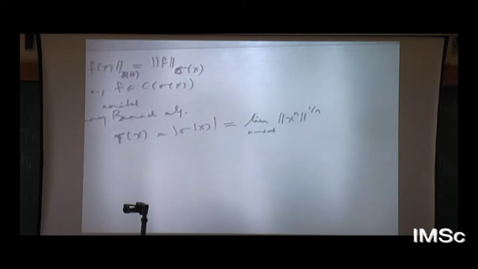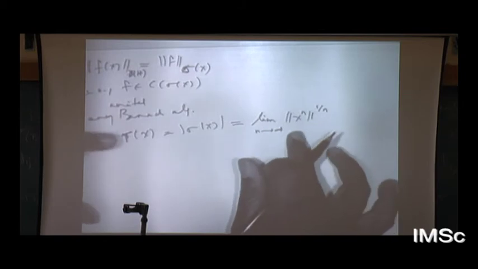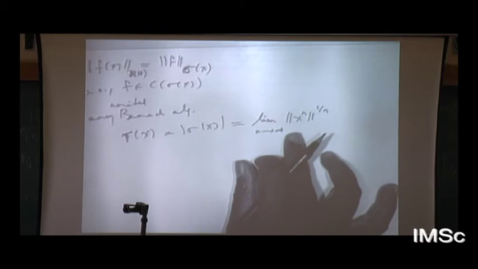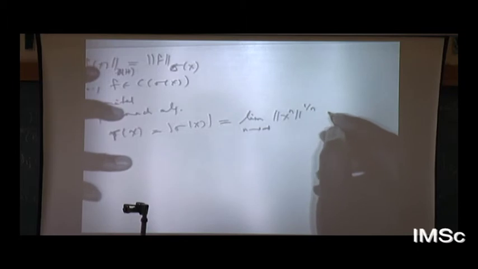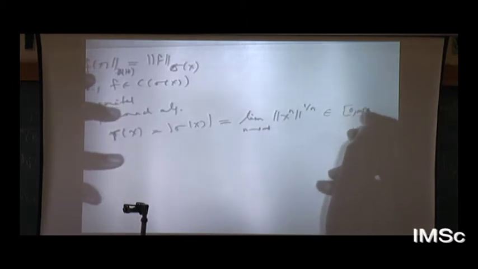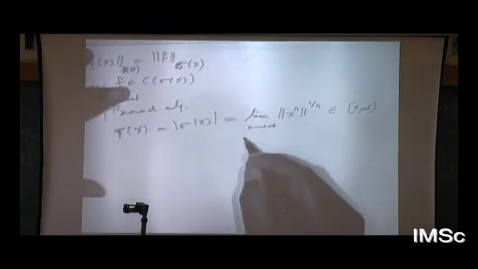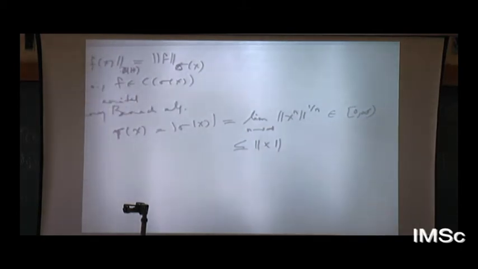The actual proof is not so enlightening. The point to be made is that this sequence is actually convergent, a convergent sequence of non-negative numbers, and the limit must obviously be some number in 0 to infinity, because this is bounded by norm x because of the submultiplicativity of the norm.